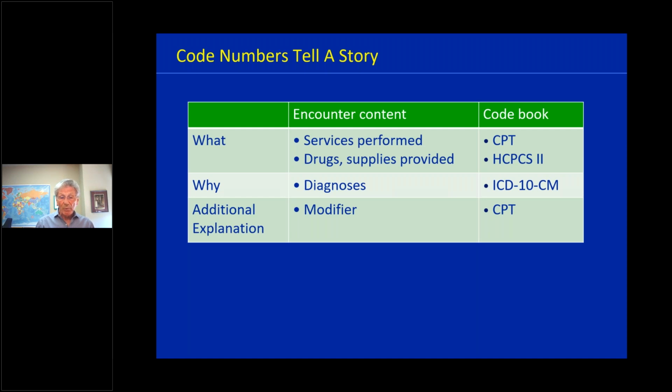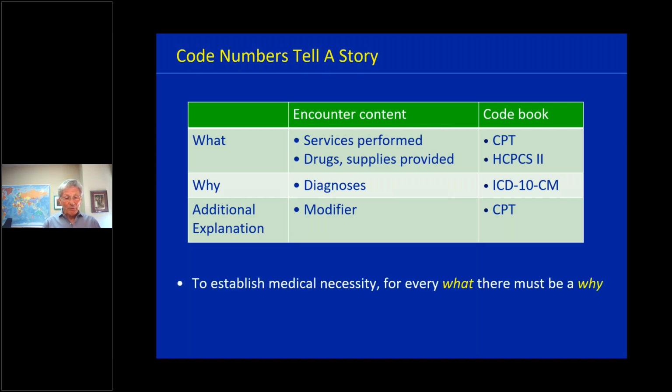The drugs or supplies that we provided, that's indicated by what's called a HCPCS code. And those are the codes that we use to bill for things like IUD and implant insertion kits. The why are the diagnoses at the visit, which are ICD-10 diagnosis codes. And sometimes there's a requirement for an additional explanation. That's done with a modifier, and those also come from the CPT code. So next.